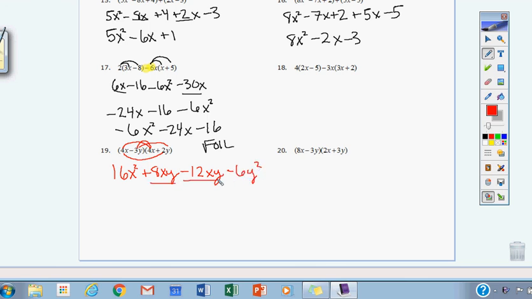And again, we want to combine those like terms. So we got 16x squared. Don't change the exponent on them. I really have minus 4xy because I'm literally just combining like terms right now. Minus 6y squared. Okay, this one here is very similar to that problem, so I'm going to leave that one, but you can FOIL that problem and work that out just like that one. That's what the foiling process is.